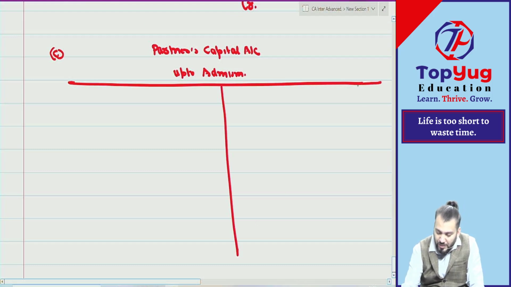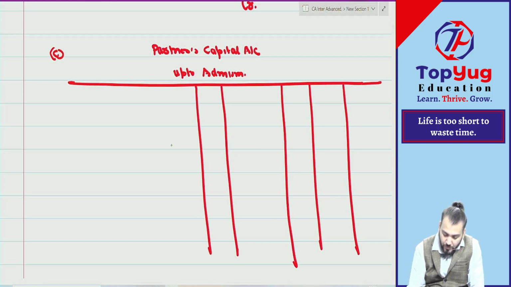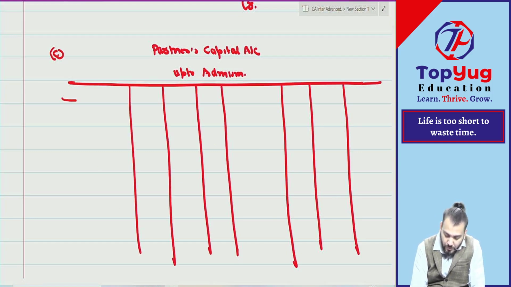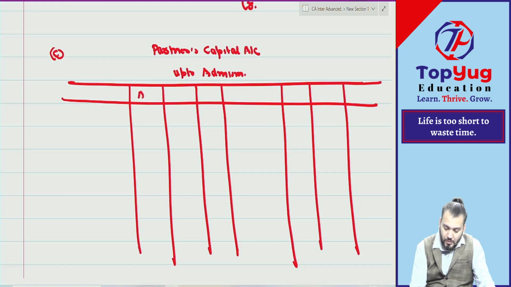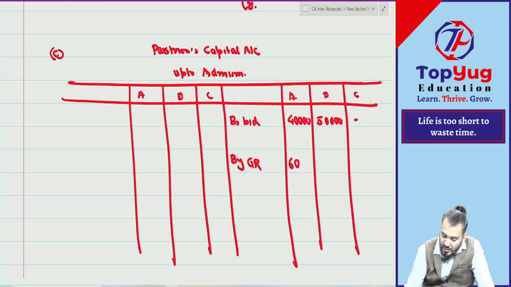But what is the opening balance? A, B and C. By opening balance, it is 40,000 and 50,000. By general reserve, how much? 6,000 and 4,000.